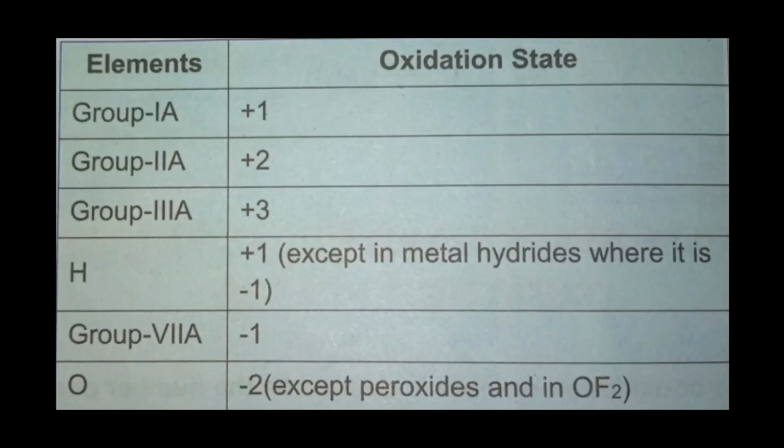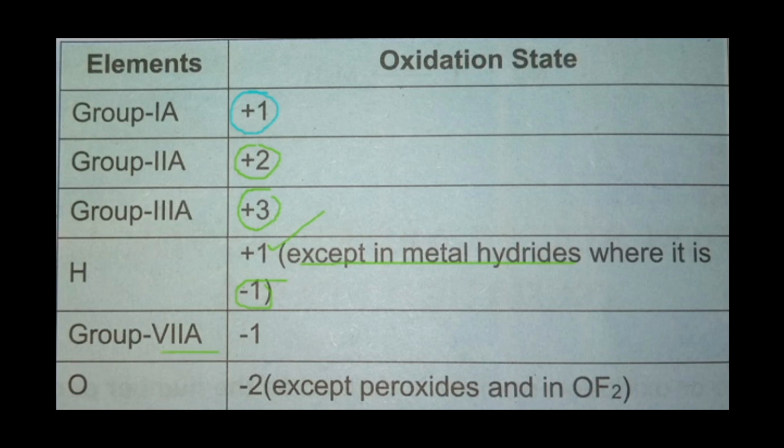Now there are certain elements in a binary compound whose oxidation state very rarely changes. These are the elements of group 1A, which have positive 1 charge, group 2 have positive 2 charge, group 3 have positive 3 charge, and the hydrogen atom, as we have discussed earlier, has -1 charge whenever it forms a metal hydride. Other than this, it always has positive 1 charge.